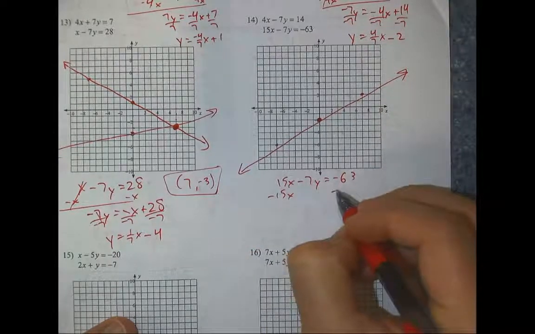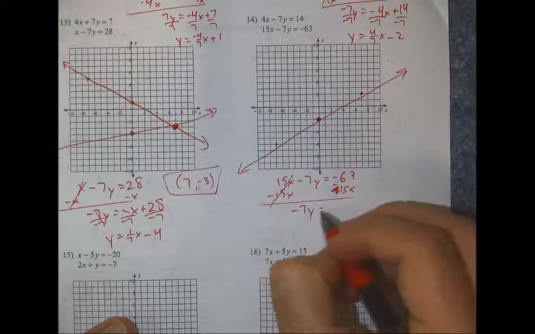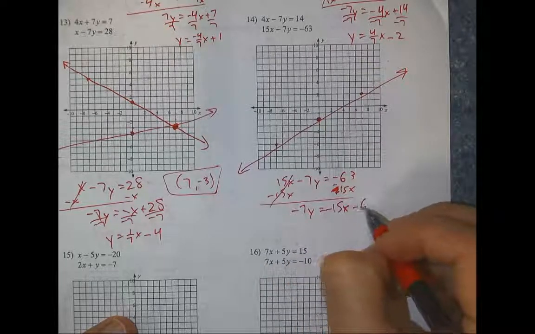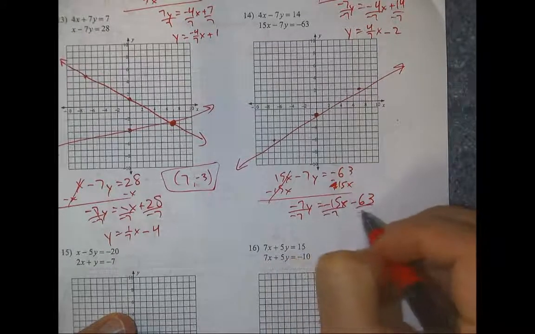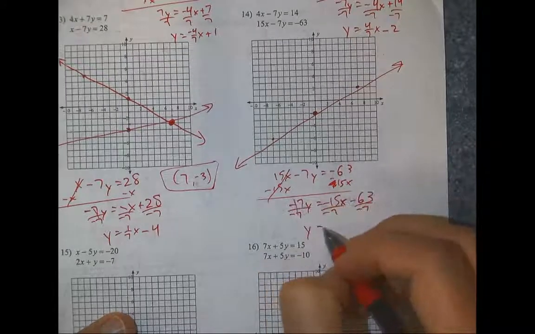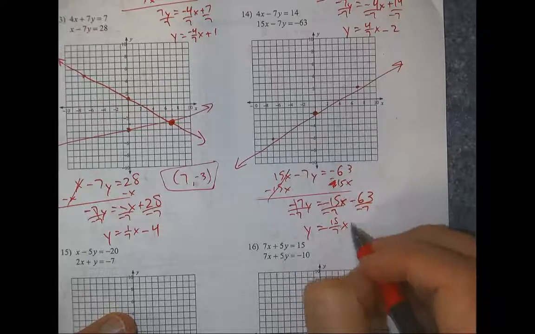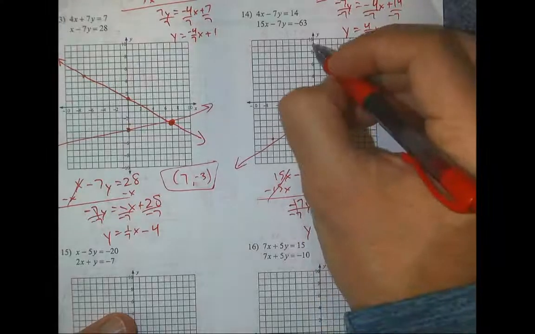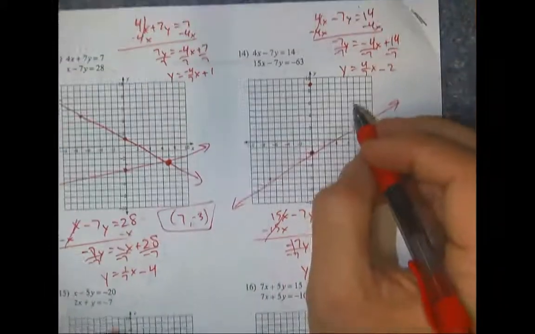Minus 15x. Negative 63. Write it as minus. Y equals, 2 negatives make positive, 15 over 7x. 2 negatives make a positive 9. So I am starting at 9, way up here, and I got to go up 15 and over 7 to the right.